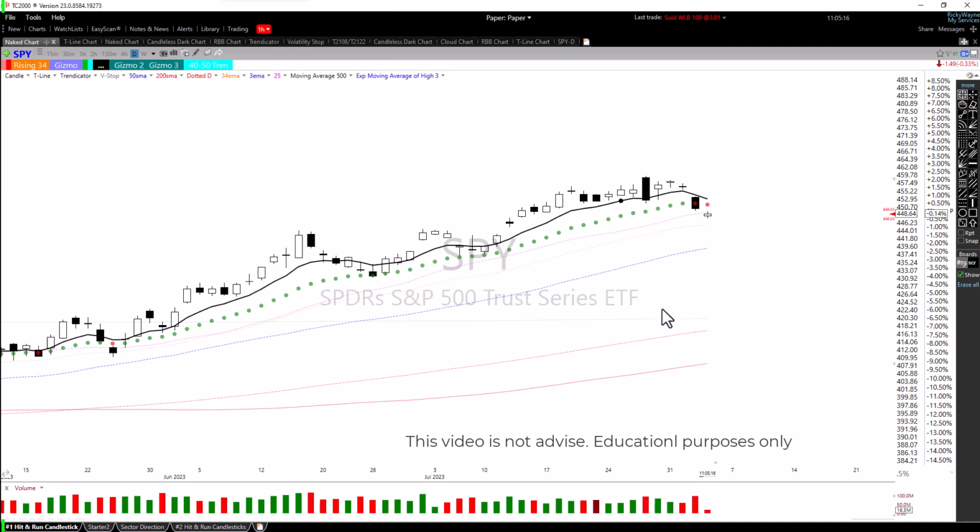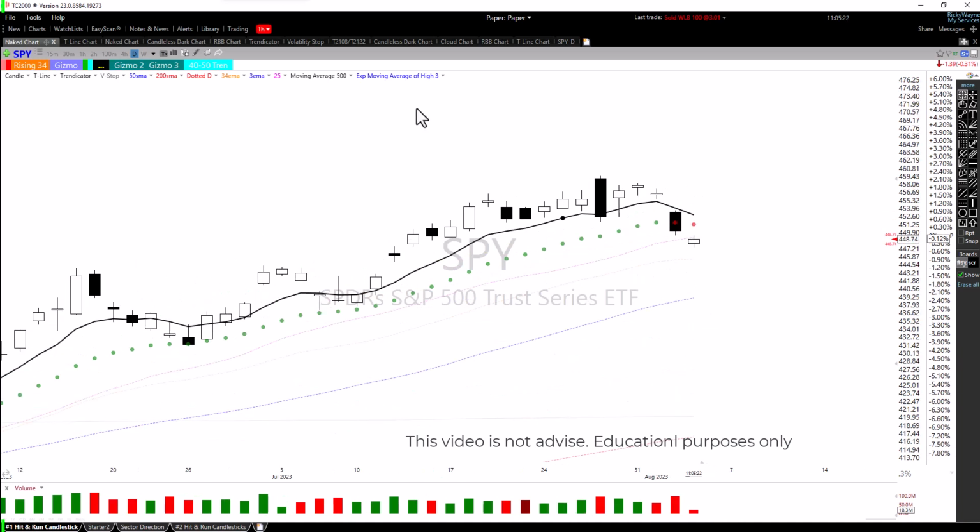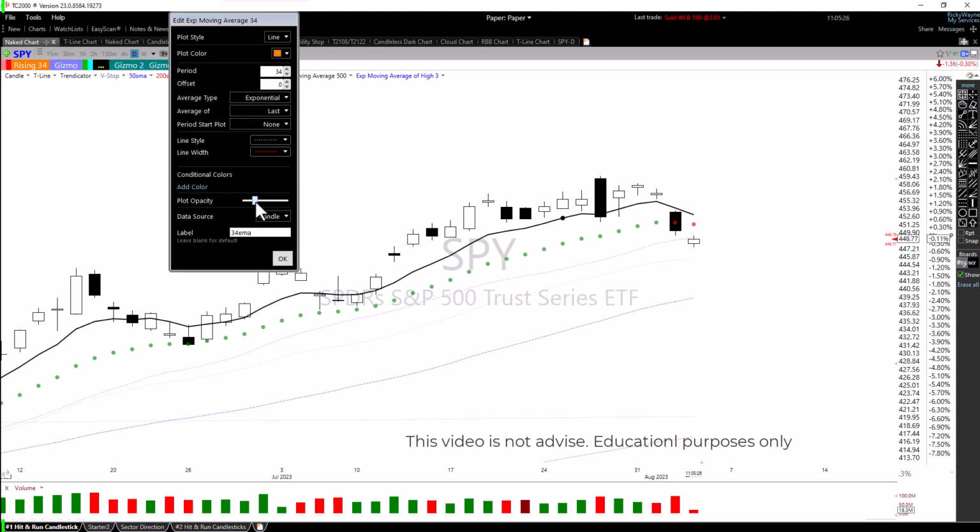The next one is the 50 period moving average. The next one you see here, which is sort of dimmed out as a background moving average, is the 34 EMA. This is right here. There are times I'll just take it off because I don't like it sticking out.